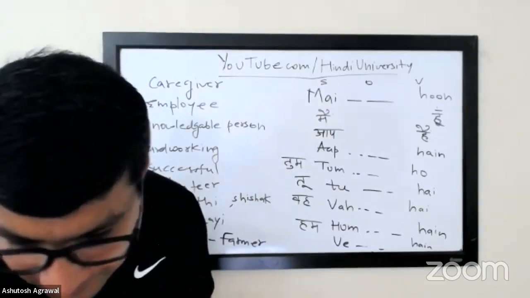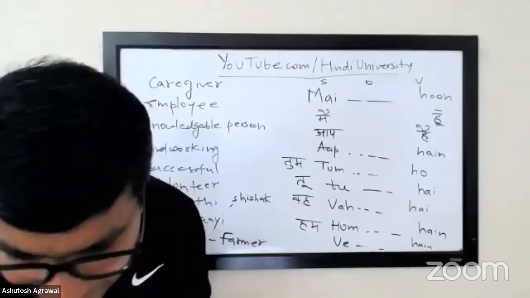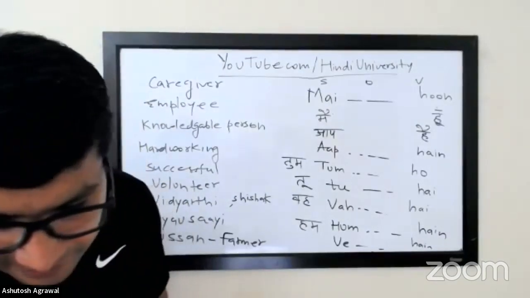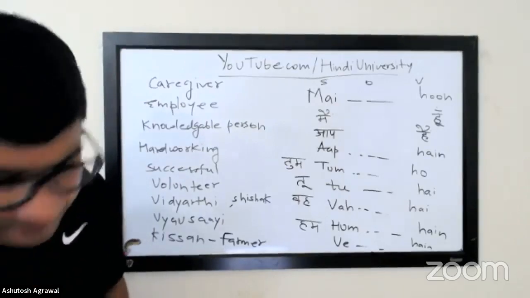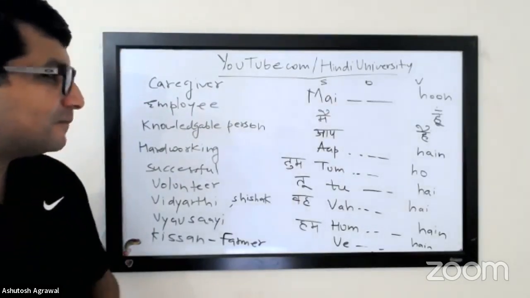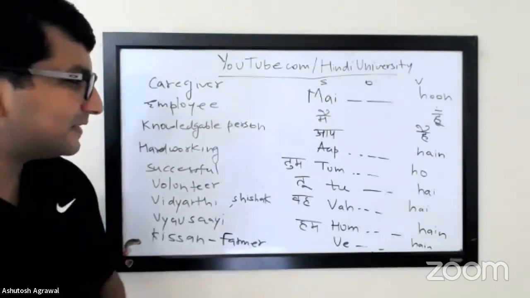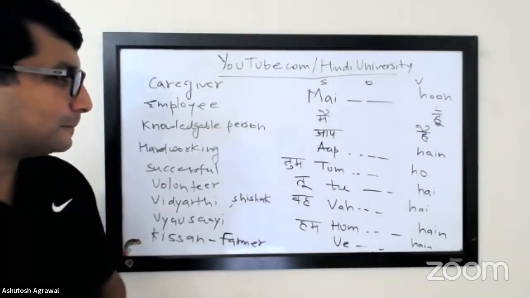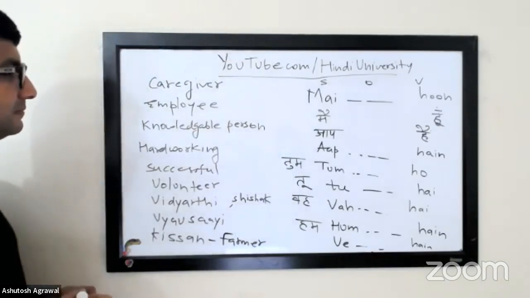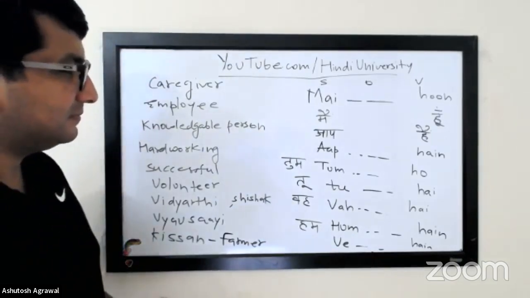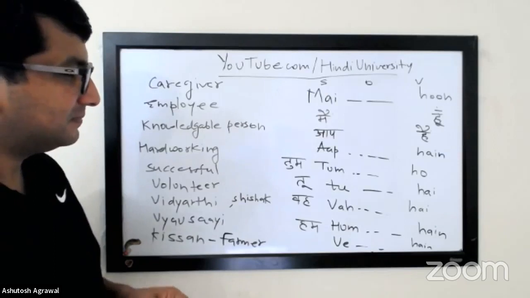Let's see. Who else would like to try that? Daniel ji, you want to try some of them? And then after that, we go to Natalia ji. So Daniel, your turn. मैं खुश हूँ. मैं volunteer हूँ. तुम hardworking हो.